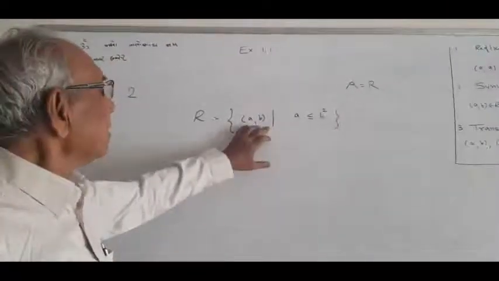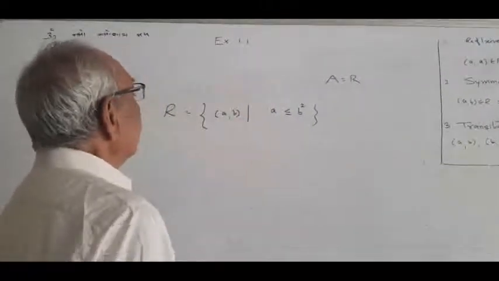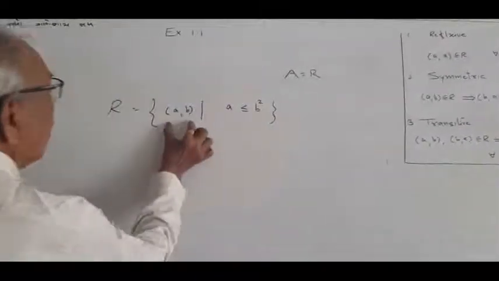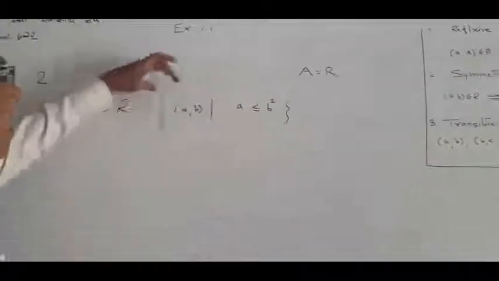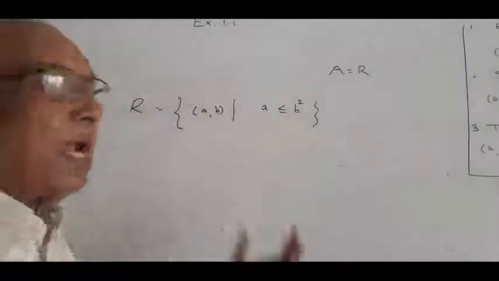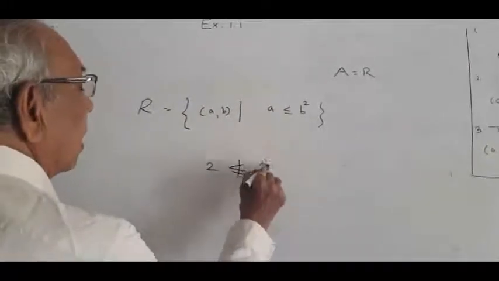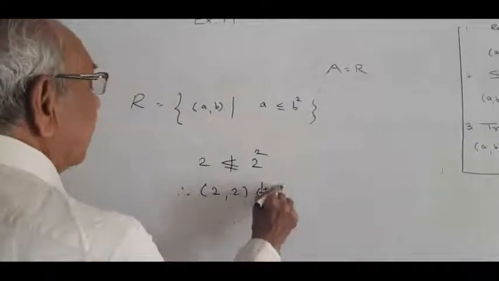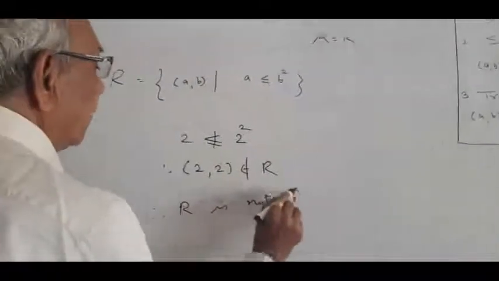Now, when this relation is reflexive, when (a, b) belongs to R, when a is less than or equal to b square, right? Means when (a, a) belongs to R, when a is less than or equal to a square, right? But we know that 2 is not less than or equal to 2 square. Therefore, my mistake here.